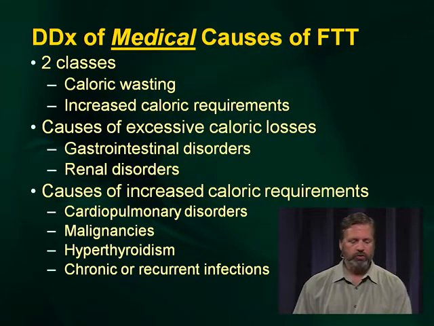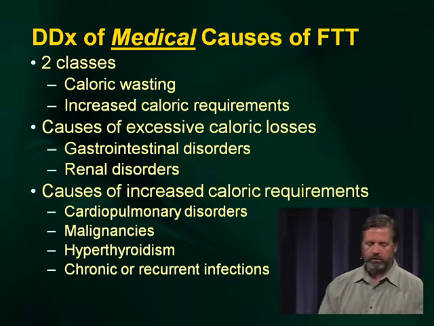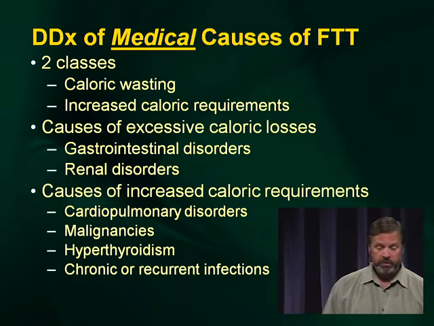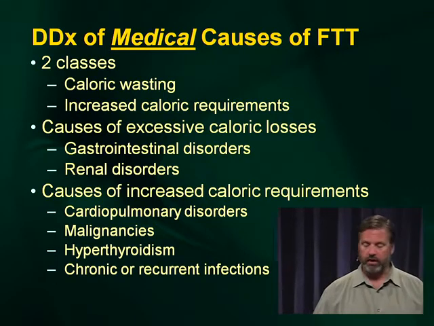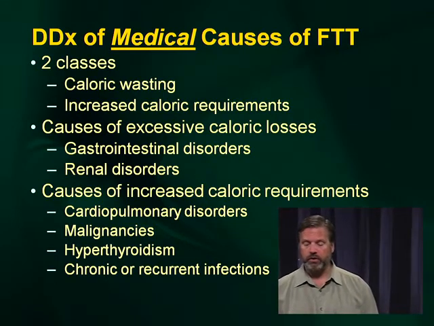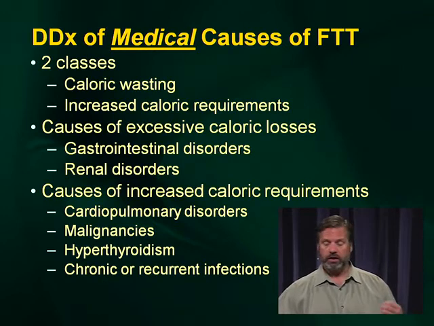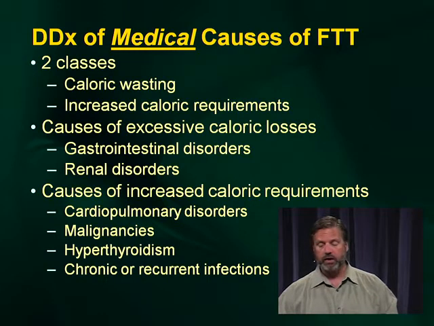So if you look for the differential diagnosis of the medical causes of failure to thrive, there are two easy ways to look at it. One is that the child's not getting enough calories, and the other is that they have increased caloric needs. So they're not getting enough in, they're wasting those calories they are getting, or they've got increased caloric requirements. Those are the buckets I'd put in your head.